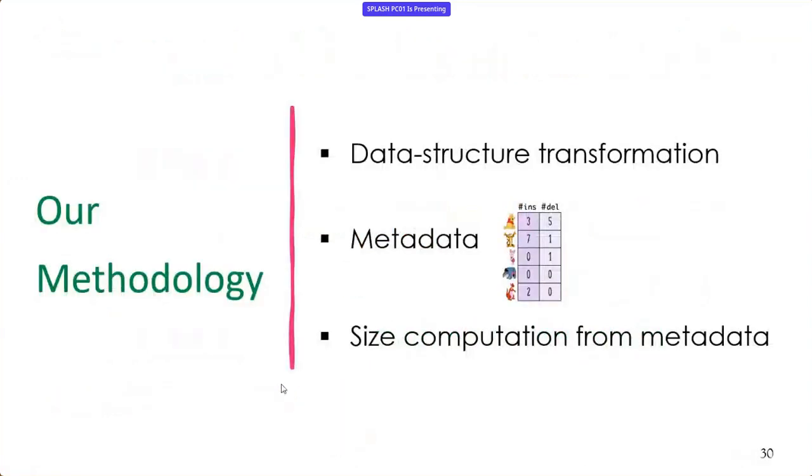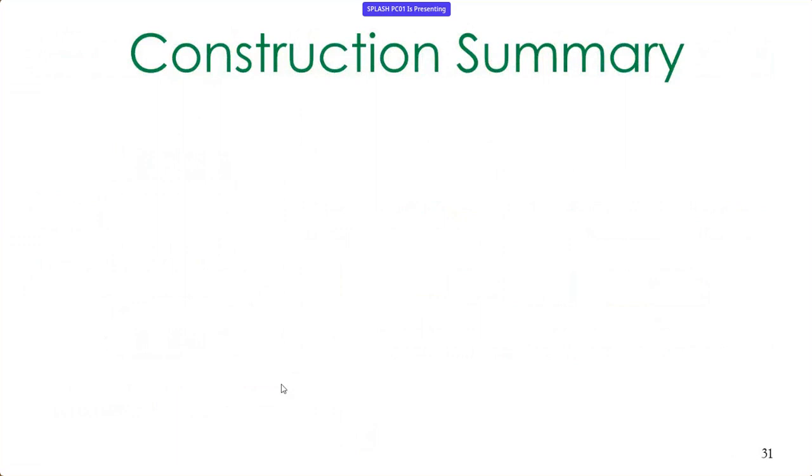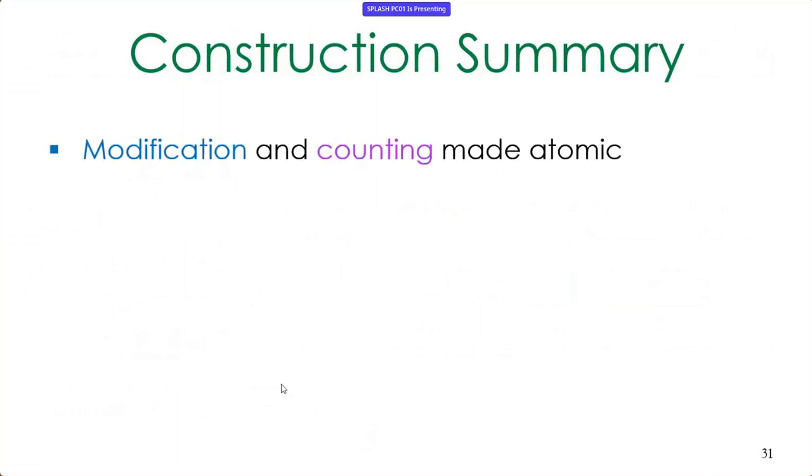All right, so this was our metadata and the way we update it and use it to compute the size. So let's recap the basics of our methodology. We modify the set and update the metadata atomically. For that, we need dependent operations to help update the metadata.